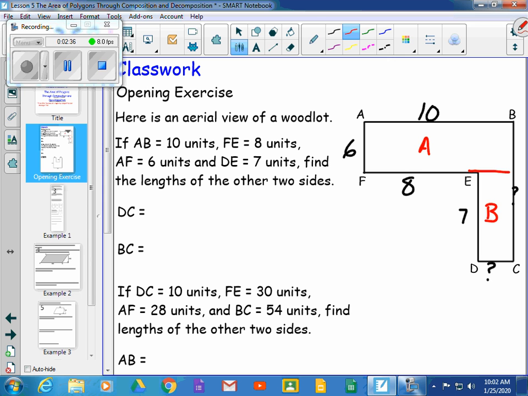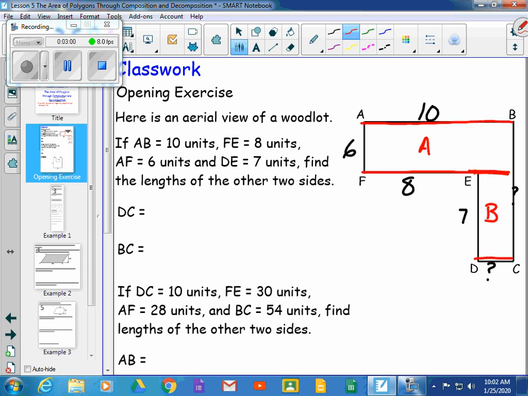Now DC is down here, this length from D to C. It is equal to this right here. Well, that doesn't have a dimension either. But notice that that line is part of this whole entire side of this top rectangle, and that's equal to the side of the top of it.